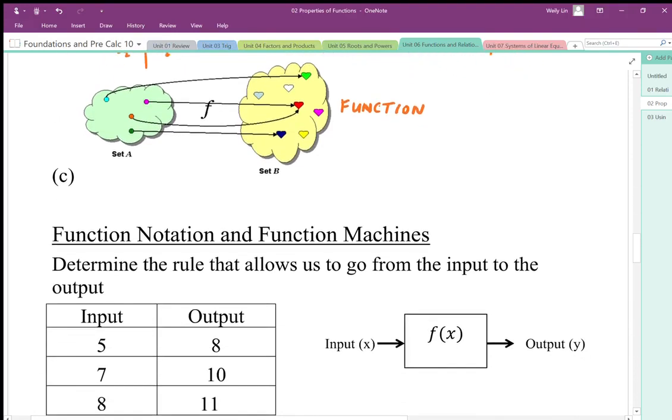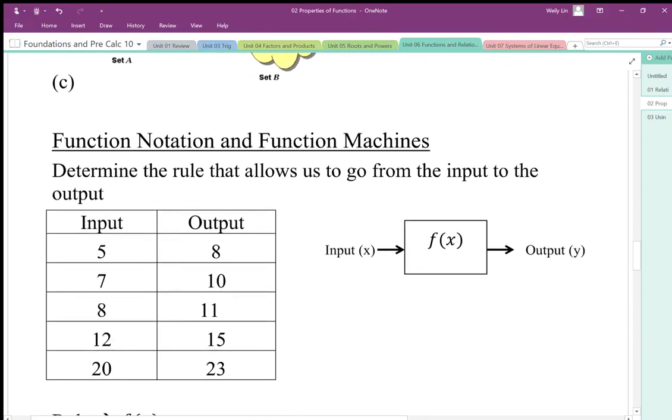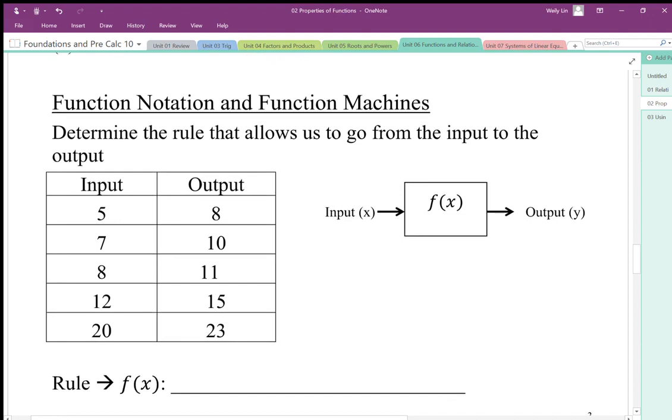So when we talk about functions, we want to use this model called a function machine. Here we have this input, that's our domain. Remember, input goes with our domain. And we put that input through the function. Now something happens inside there.